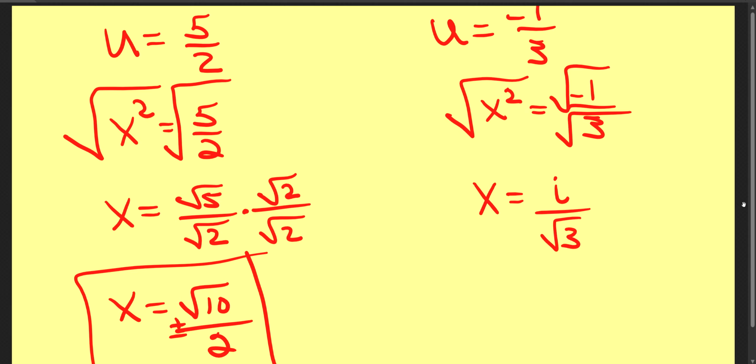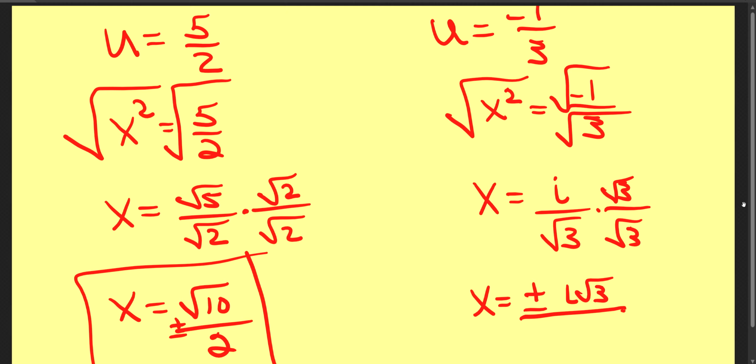Okay. Then I have to rationalize this denominator. So I want to multiply top and bottom by the square root of 3 over the square root of 3. And that's going to get me an answer of x equals plus or minus i square root of 3 over 3.